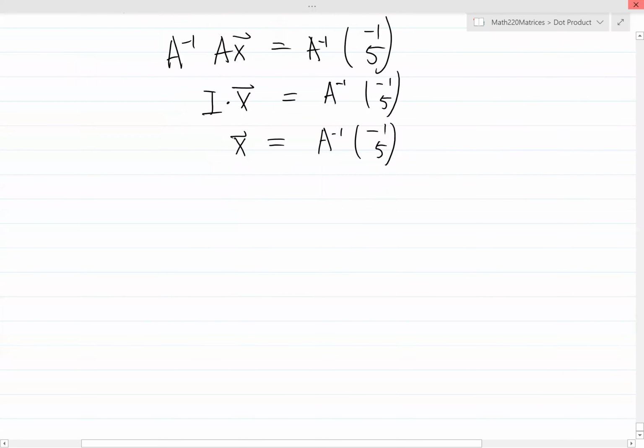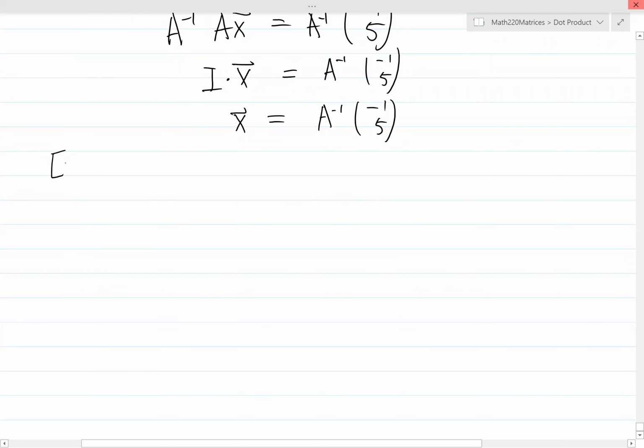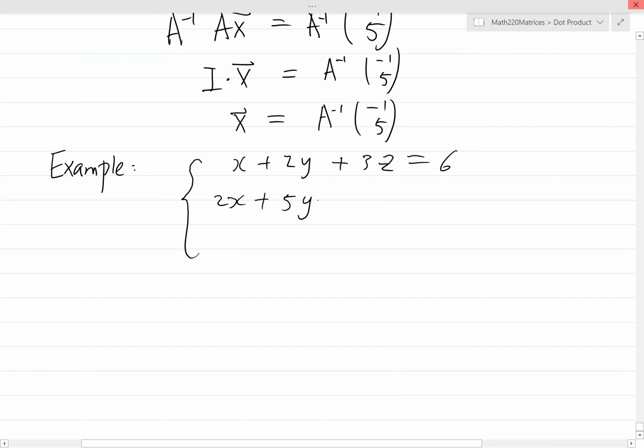Now more examples. This equation: x plus 2y plus 3z is 6. 2x plus 5y plus 2z is 4. 6x minus 3y plus z is 2.